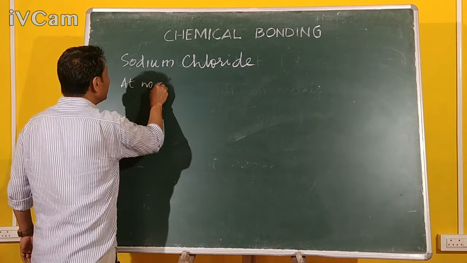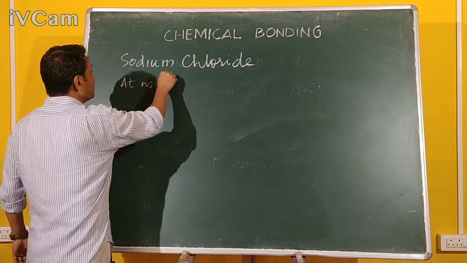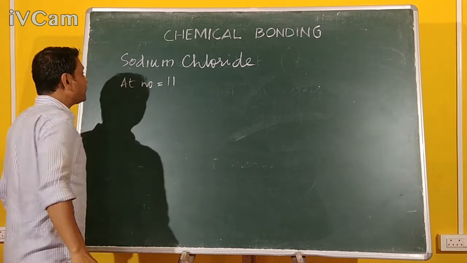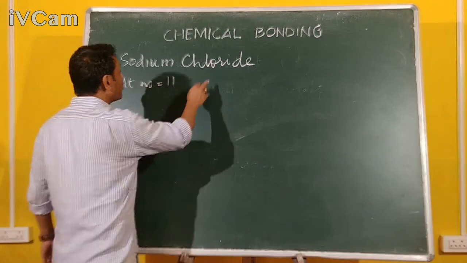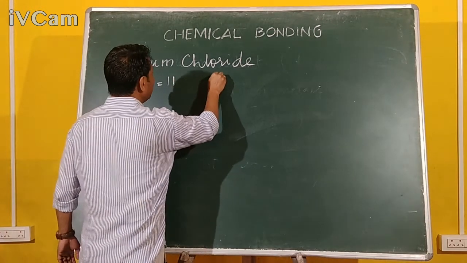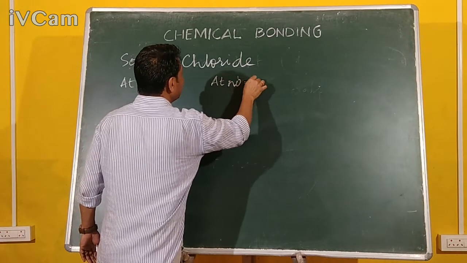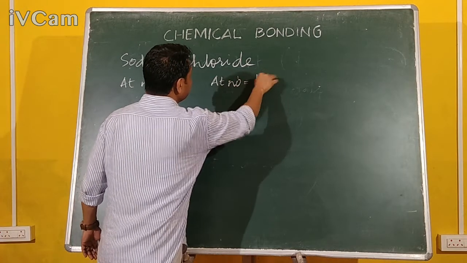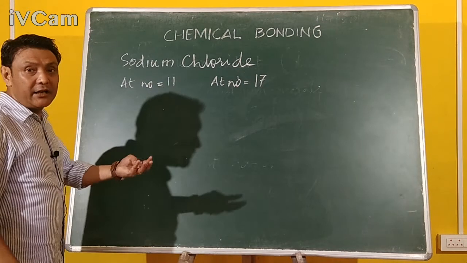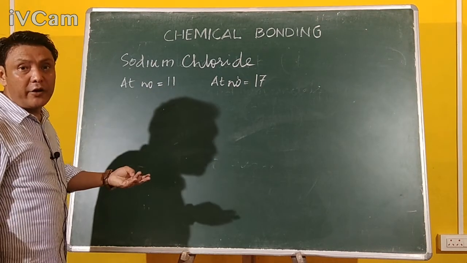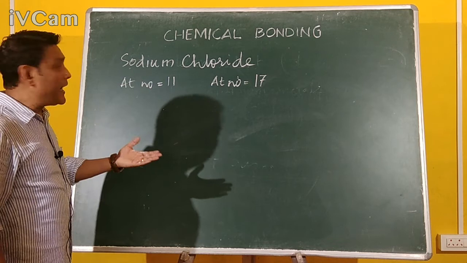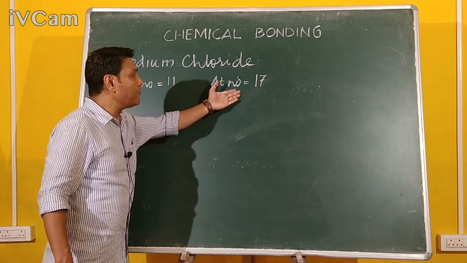If you can, it's okay. Atomic number of sodium is 11. And for chlorine, atomic number is 17. It's a halogen. Fluorine, chlorine, bromine, iodine, they are halogens.